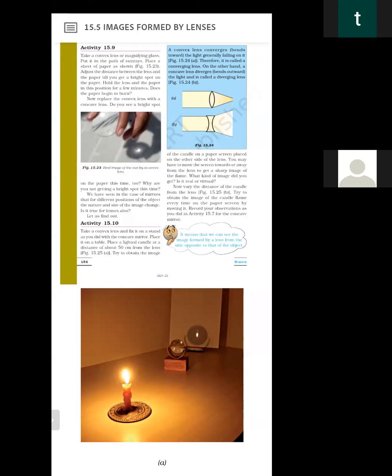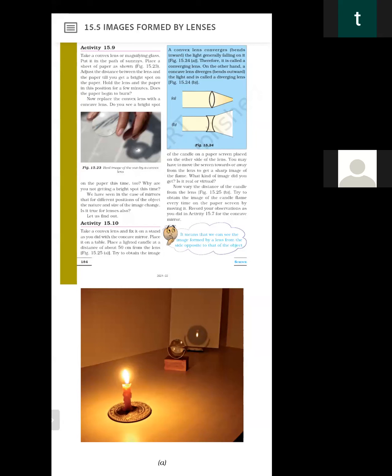Try to obtain the image of the candle flame every time on the paper screen by moving it. Record your observation as you did in activity 15.7, which was the image formed by a concave mirror. The same activity we are performing here.